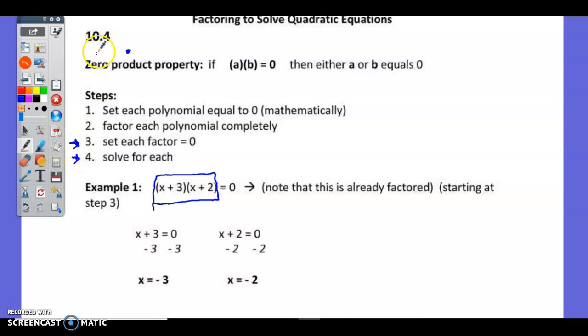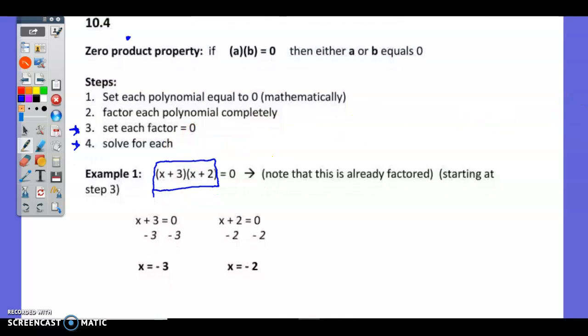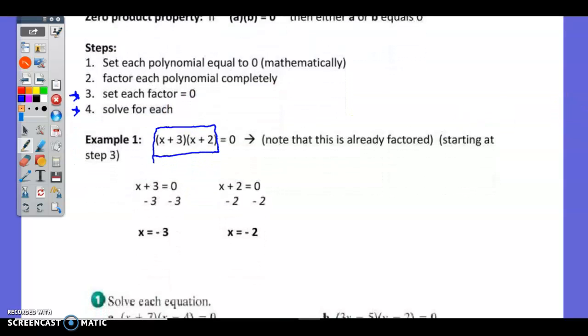In the second part of 10.4, we are going to do step 2, and then finally step 1 would be all 4 steps included. So we're going to start with some problems that are already factored, and then show you how we're going to figure out the answers to those. Most of these are going to have two answers, but we're using the zero product property to do that.